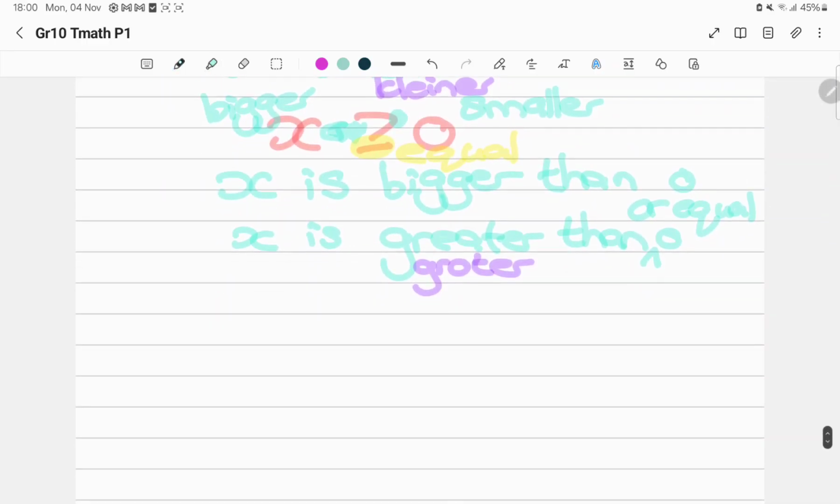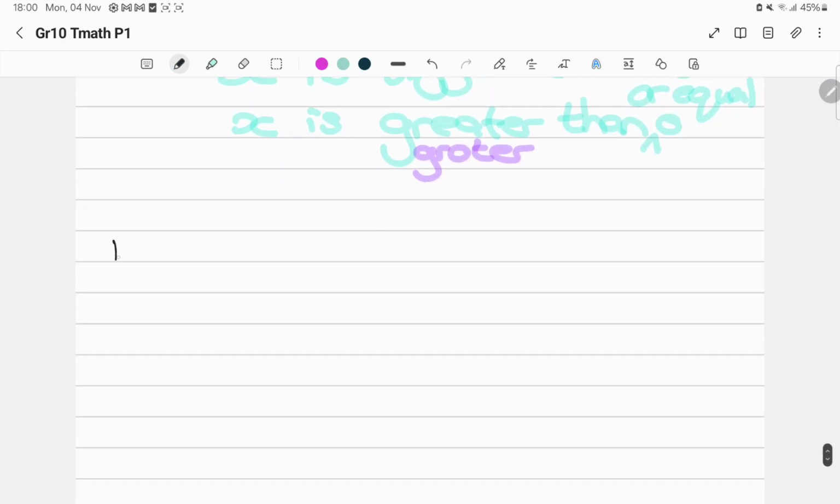Now let's get to the actual sums. Let's say they give us something like -3x greater or equal to x minus 12, and I now need to calculate this. Once again, the same principles apply. Here I have an x and here I have an x.